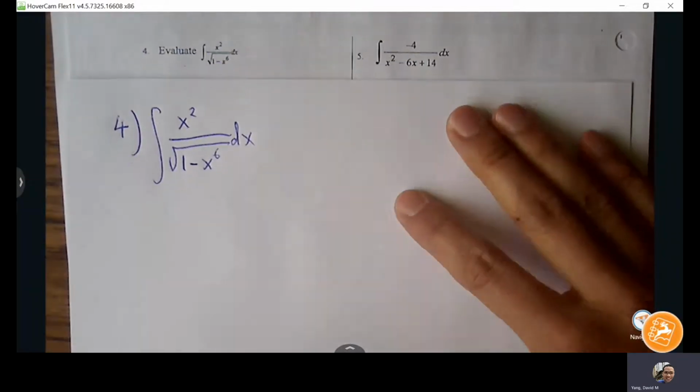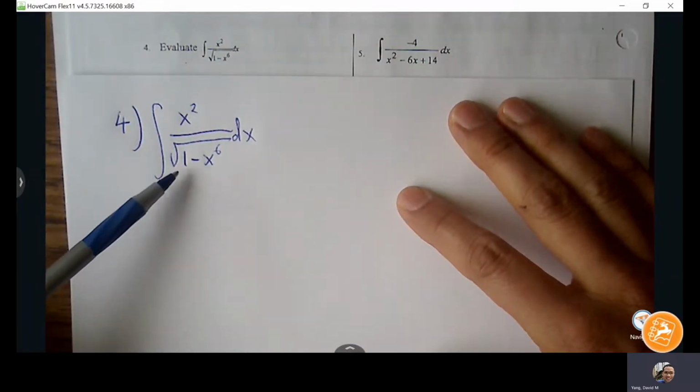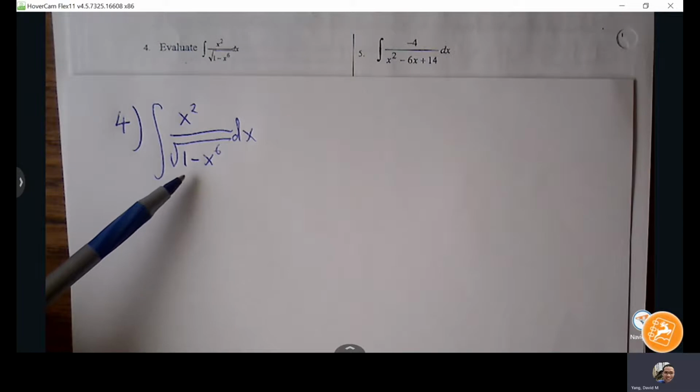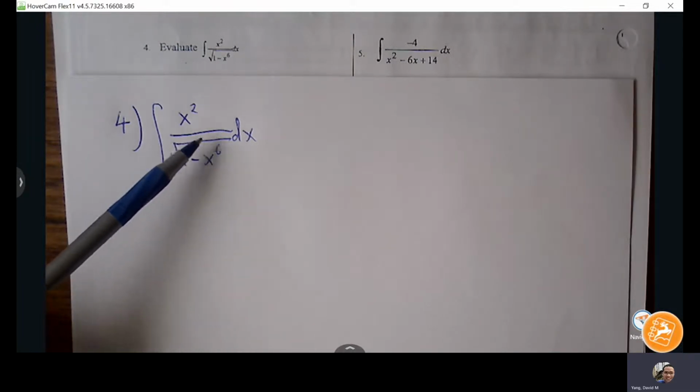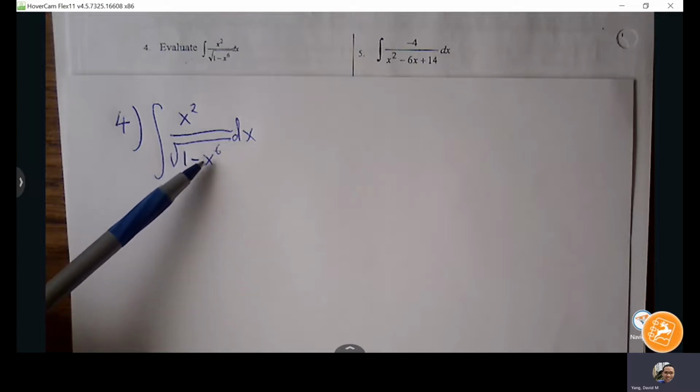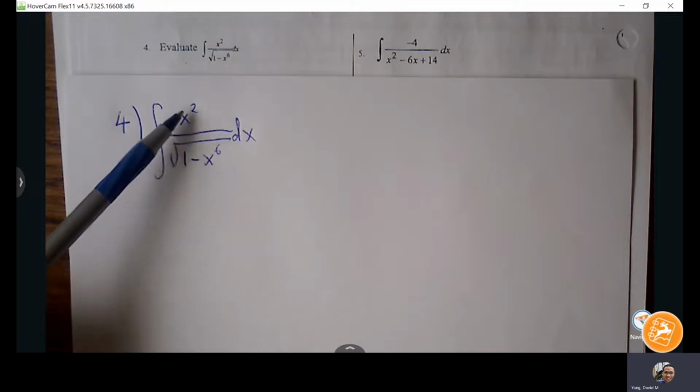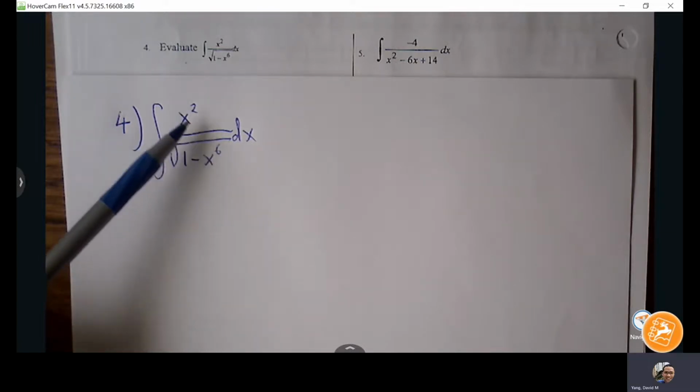Okay, so we look at number 4 and we go through our process. We can't expand, right? Too many terms in the denominator. If we go through u substitution, if we think of the u value as 1 minus x to the 6th, that's not going to be a good match either. That degree is too high. The derivative will be 6x to the 5th power, and there's that sizable gap here.